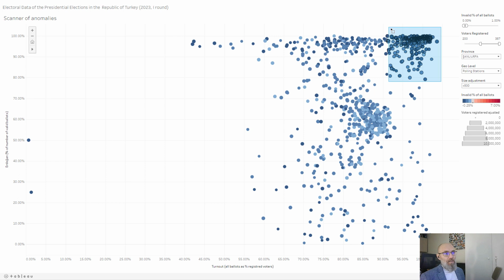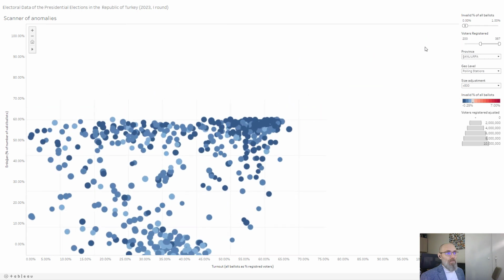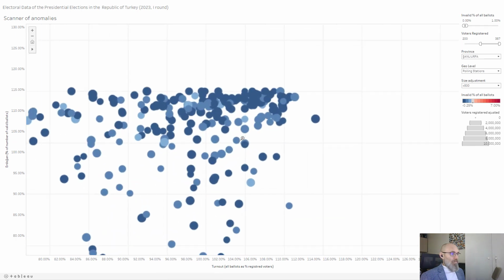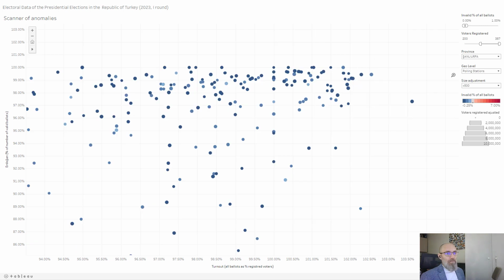So I would like somebody from the local community to investigate this region to try to understand what happens there and why these people voted in such a way.